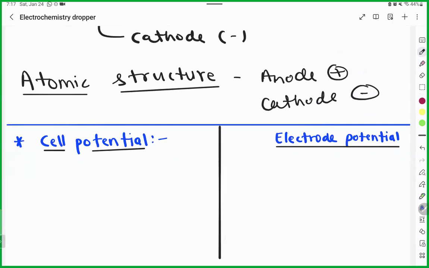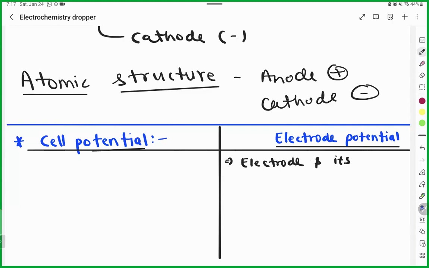Yes, sir. The electrode potential is the difference between the electrode potential of the electrochemical cell, and cell potential is the difference between electrode potential of the half cell. You made it opposite. The electrode potential is the potential difference between the electrode, a given metal, and its electrolyte.